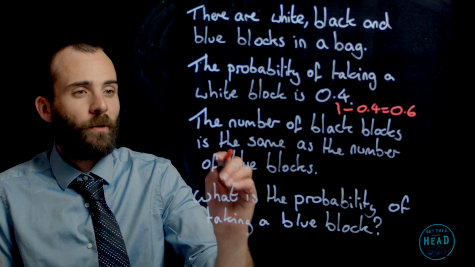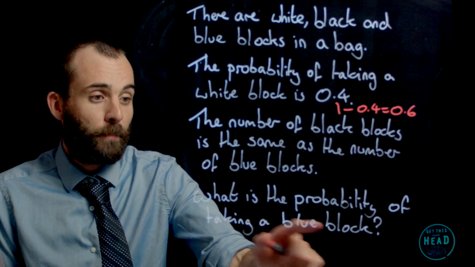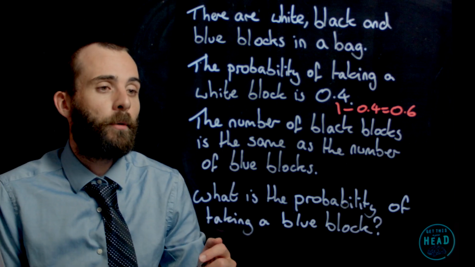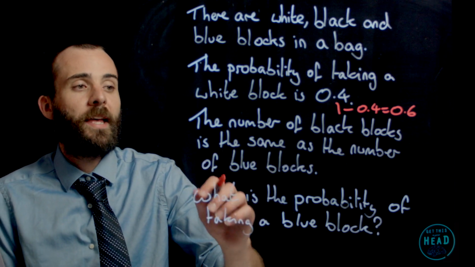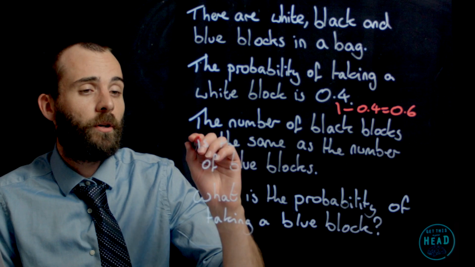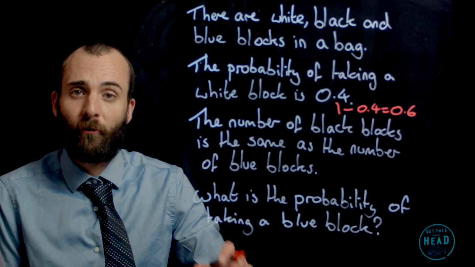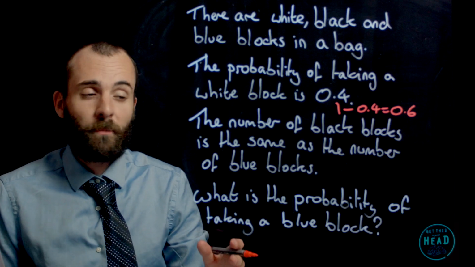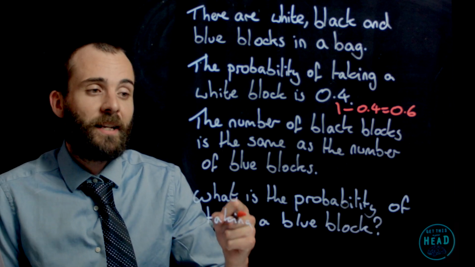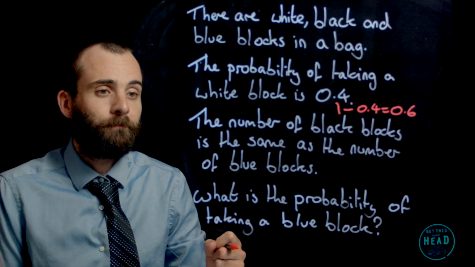The next part then, we need to know the probability of taking a blue block. But to help us, it said that the number of black blocks is the same as the number of blue blocks. Therefore, if this whole thing is fair, it should be the same probability taking one or the other.